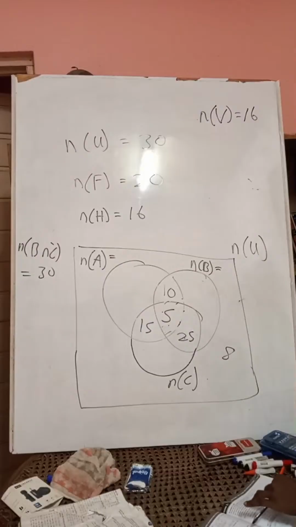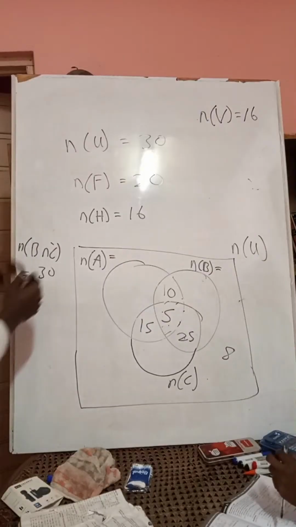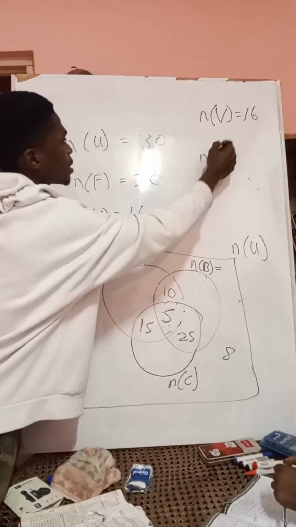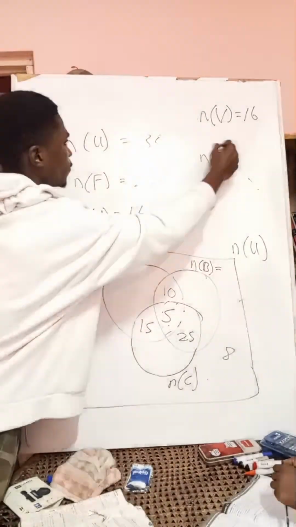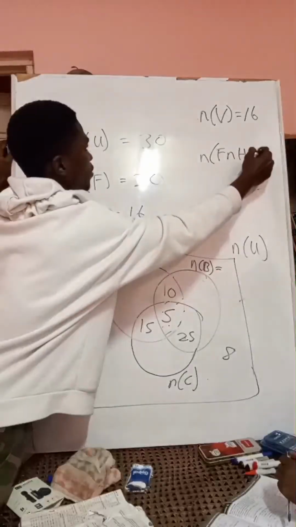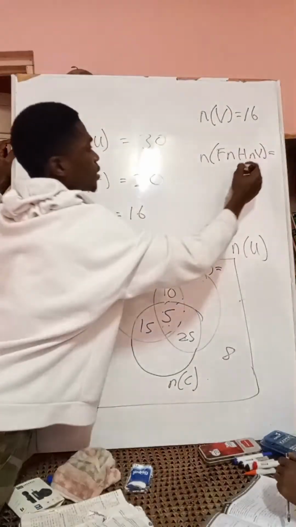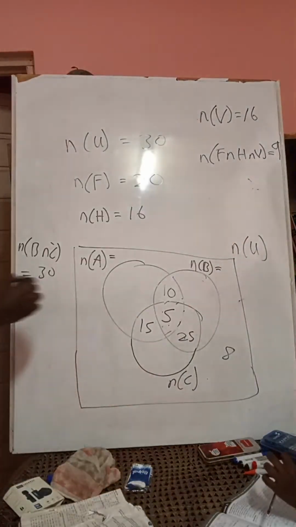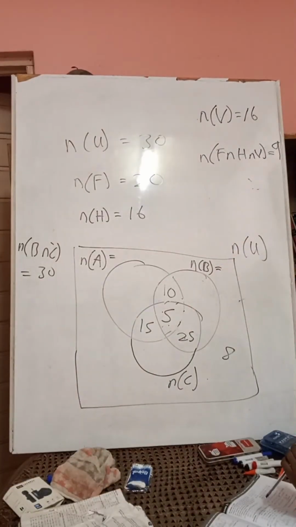9 play all 3 games. So all 3 games means number of what? Number of F intersection H intersection V equals 9. Fantastic. 15 play football and volleyball.